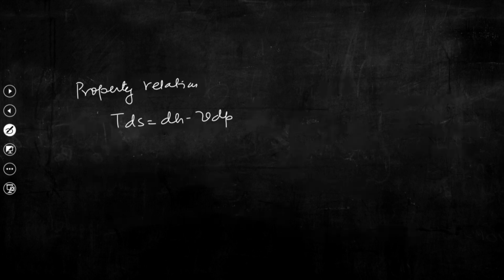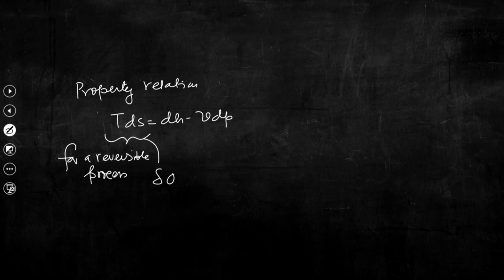So, TdS is equal to dH minus Vdp, and since the process is reversible, as you have studied in thermodynamics, this TdS is equal to del Q, right.